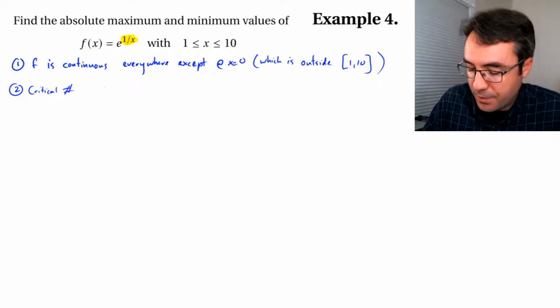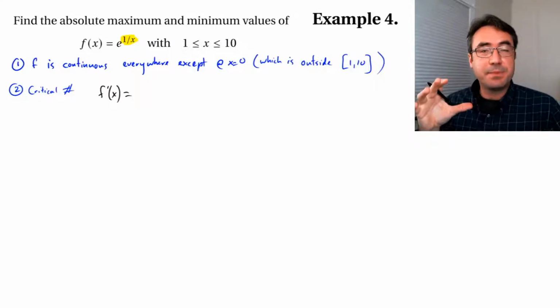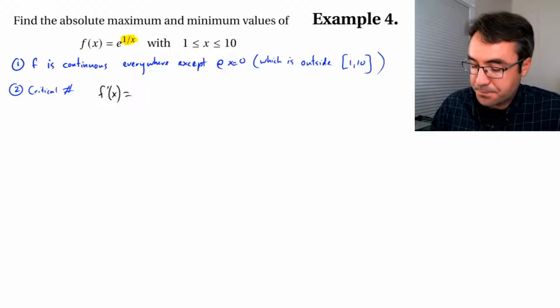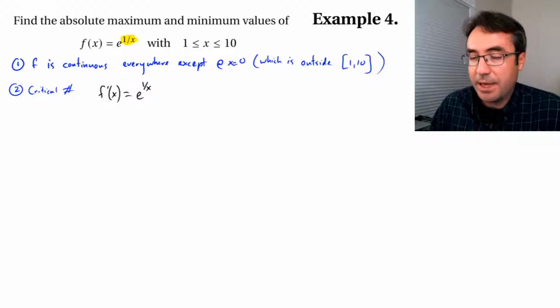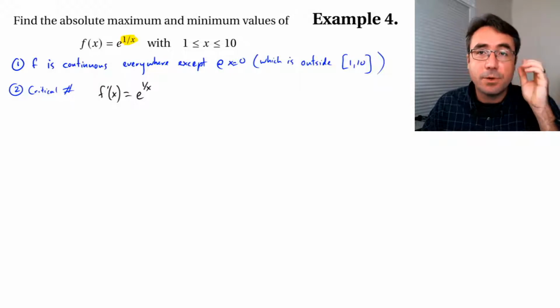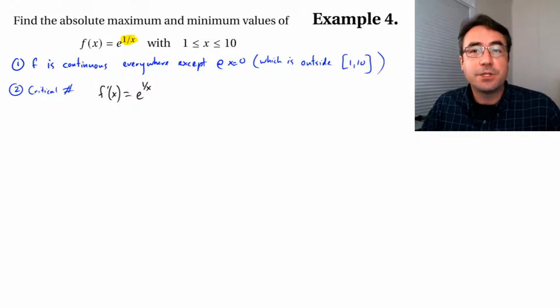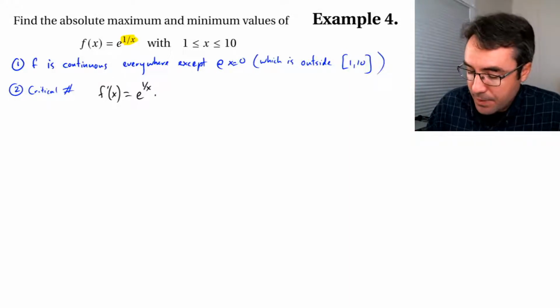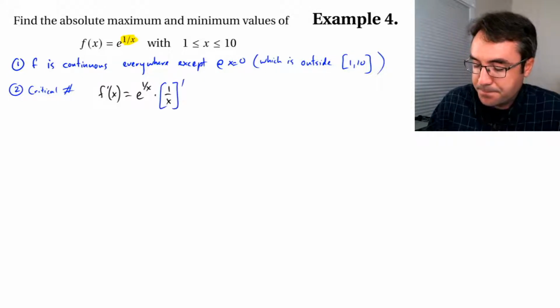So let's go through and do our derivative. Now we have an exponential function with a more complicated exponent, so we have to use our chain rule. So we start by applying the general exponential rule or chain rule, and the way it works for functions like e raised to a complicated exponent is the exponential part stays the same, and then we multiply by the derivative of the terms in the exponent.